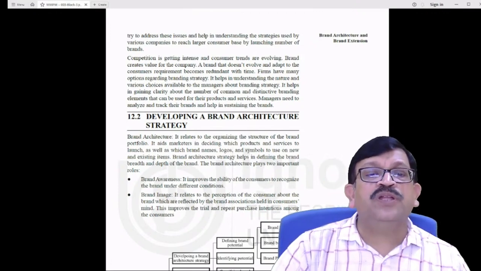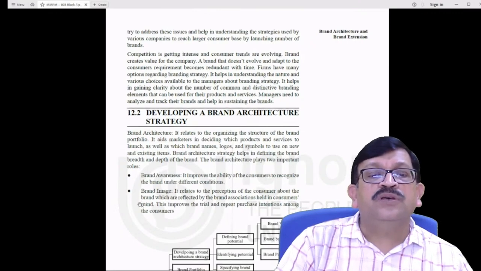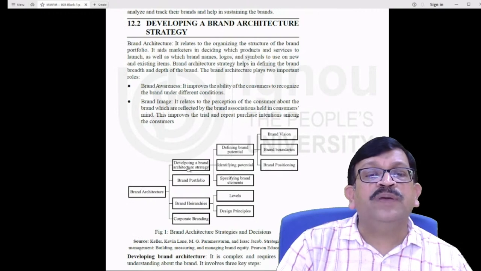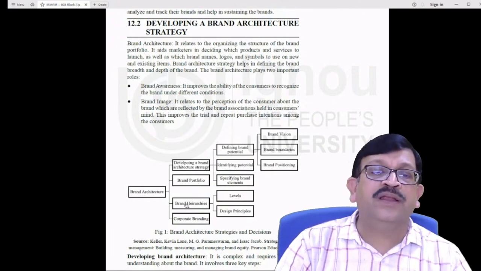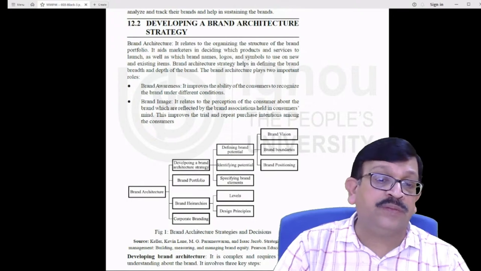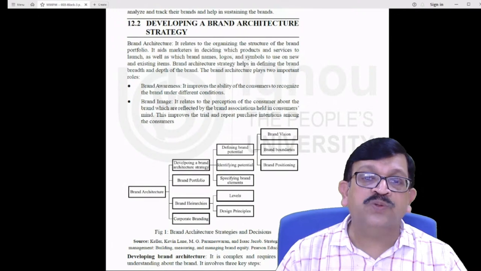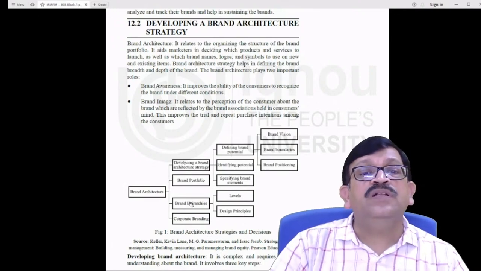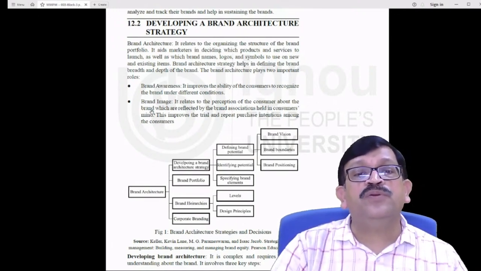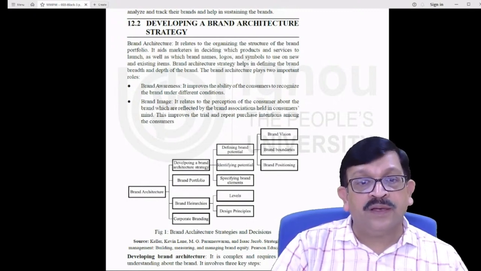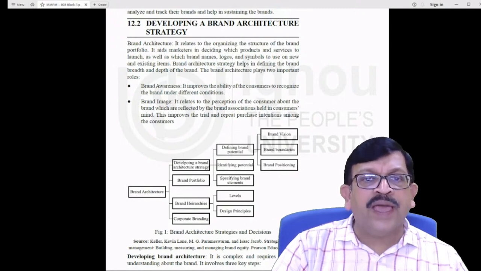Just to put it in a nutshell, as you can see in this diagram, brand architecture talks about developing a brand architecture strategy, brand portfolio analysis, how to handle brand hierarchies, and also corporate branding, because branding is not necessarily related only to products but also to companies. We will look into two major roles in brand architecture, as we have already seen in brand equity: the concepts of brand awareness and brand image.